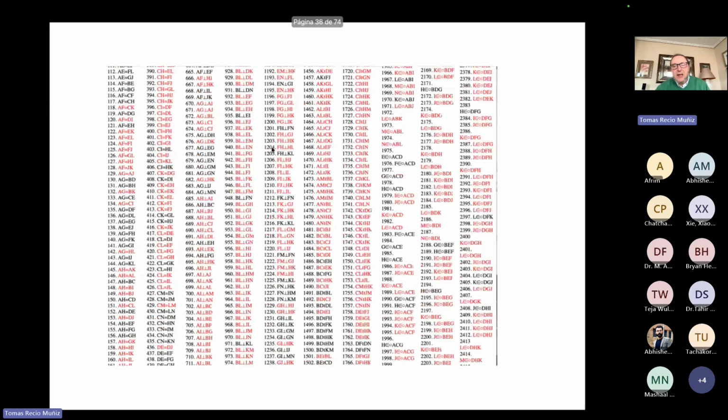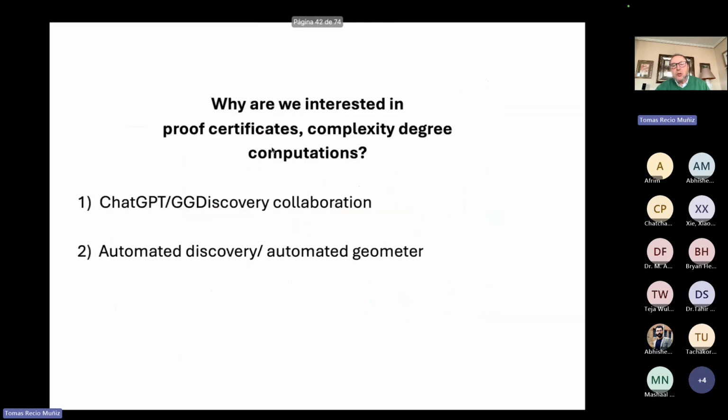So we need some tool to measure the complexity of the different computations. What is the interest of ranking the complexity? For two reasons. One reason is the cooperation between ChatGPT, a large language model of artificial intelligence, and our symbolic artificial intelligence, GeoGebra Discovery.